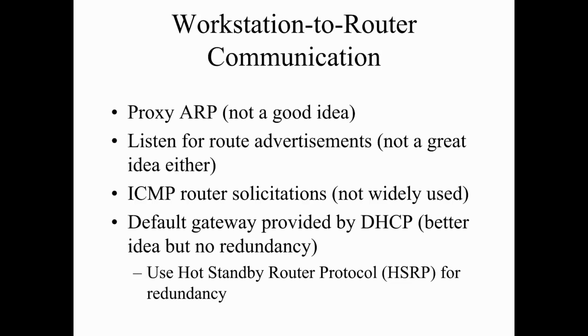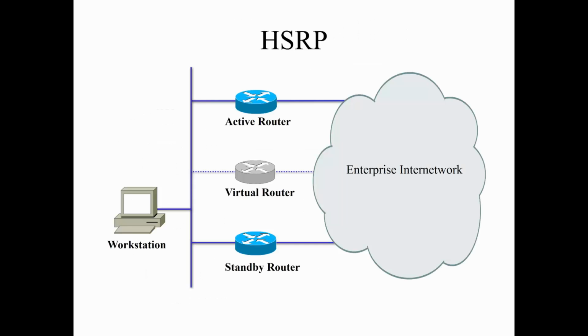This is just one type of first hop redundancy, but HSRP actually gives us a virtual router, where we have two physical routers that are up with a similar configuration, and they both own the virtual router, but only the active one processes traffic.